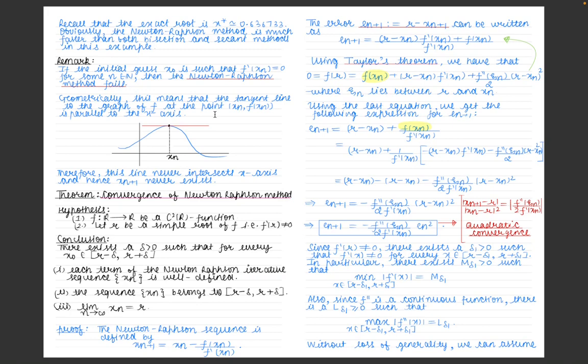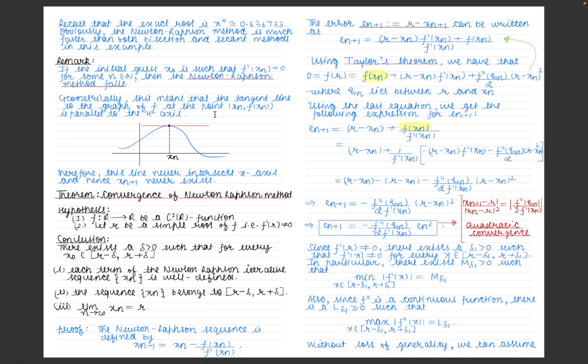So in particular, there exists a constant such that minimum of this function, mod of f prime x over this interval r minus delta 1 to r plus delta 1, this minimum will exist.